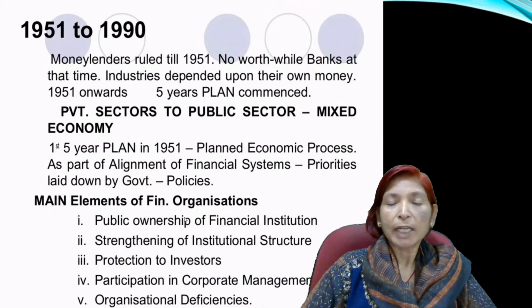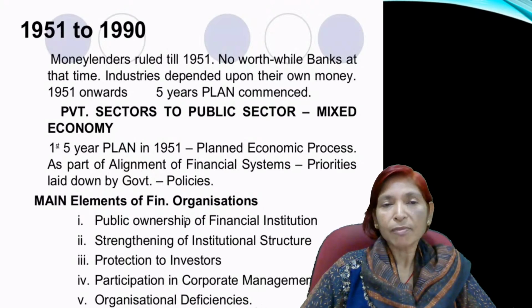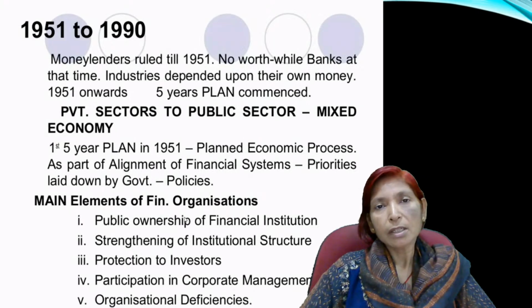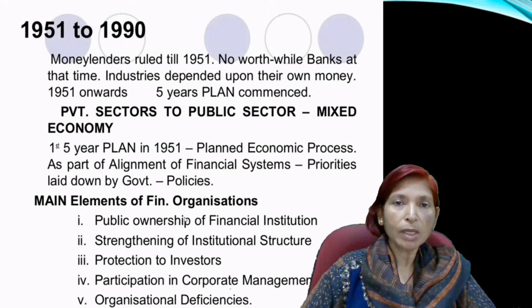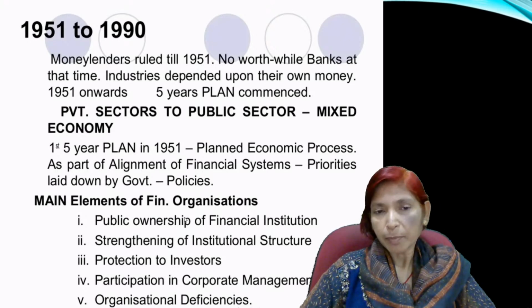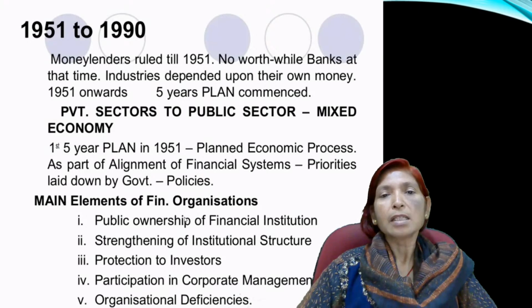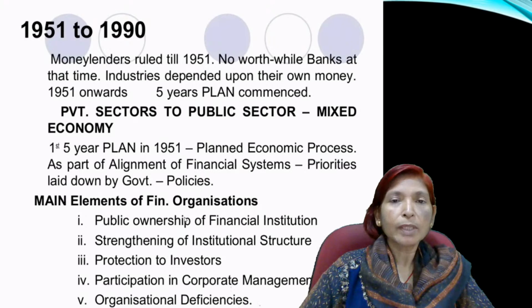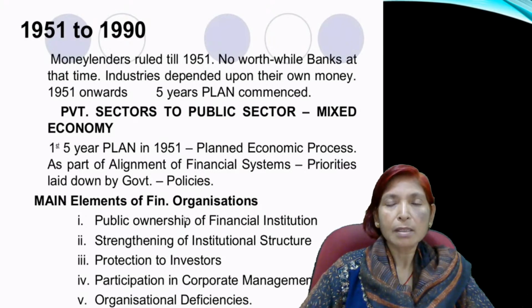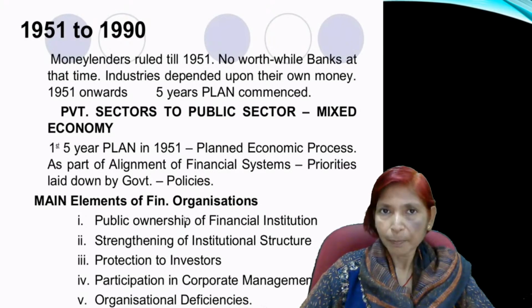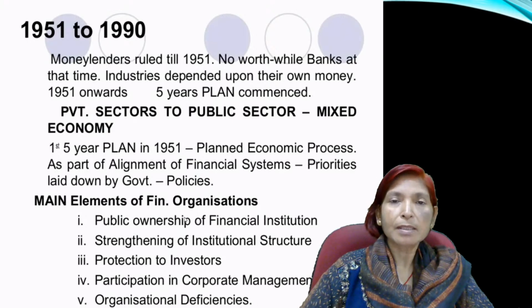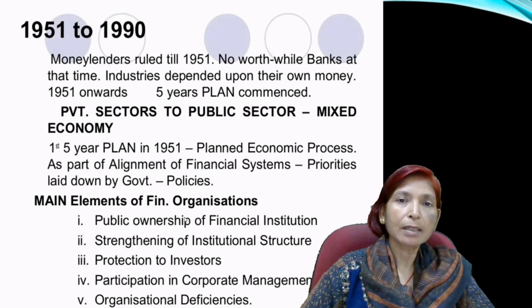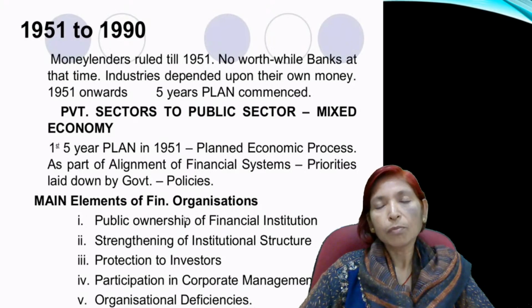But at present, instead of this five-year planning, which system is working? Niti Aayog is working, and at present the planning system has been abolished. And you know that the Indian economic system is a mixed economic system. A mixed economic system is that system in which the public sector and private sector both coexist.